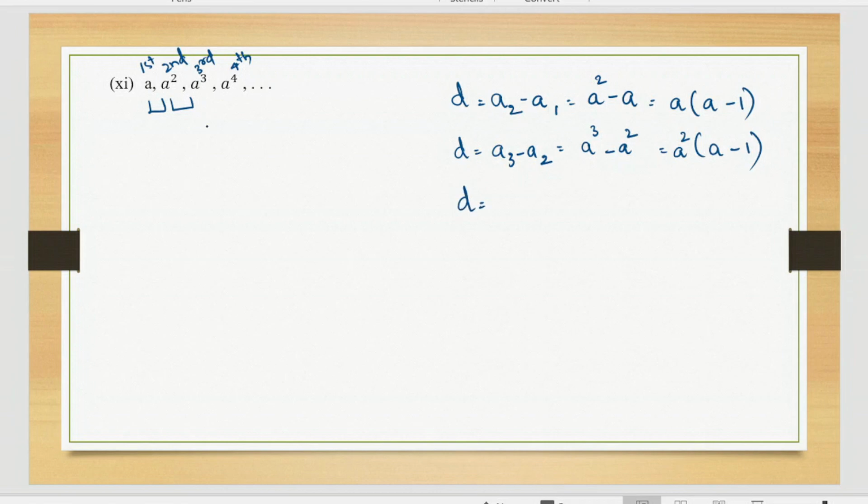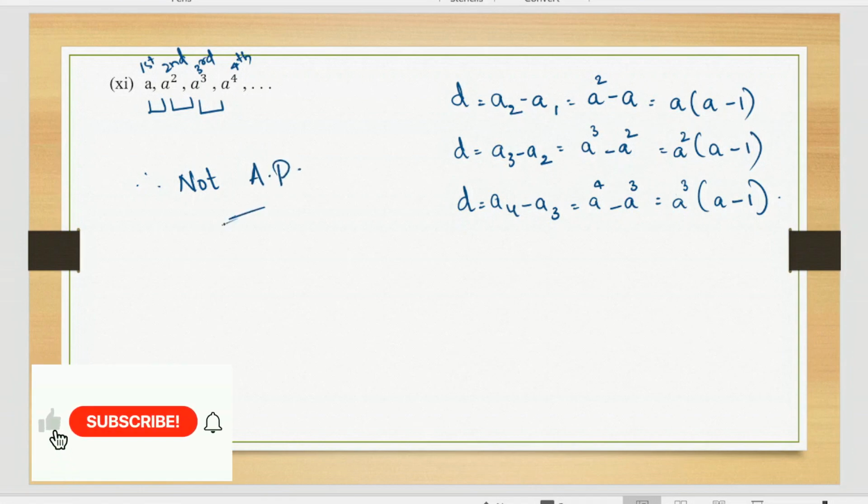And the next common difference between these two terms is a4 minus a3, which is A power 4 minus A power 3. If you take A cube common, it is A minus 1. So if you see the common differences, they are not the same, right? So therefore we can say it is not an AP. Clear?